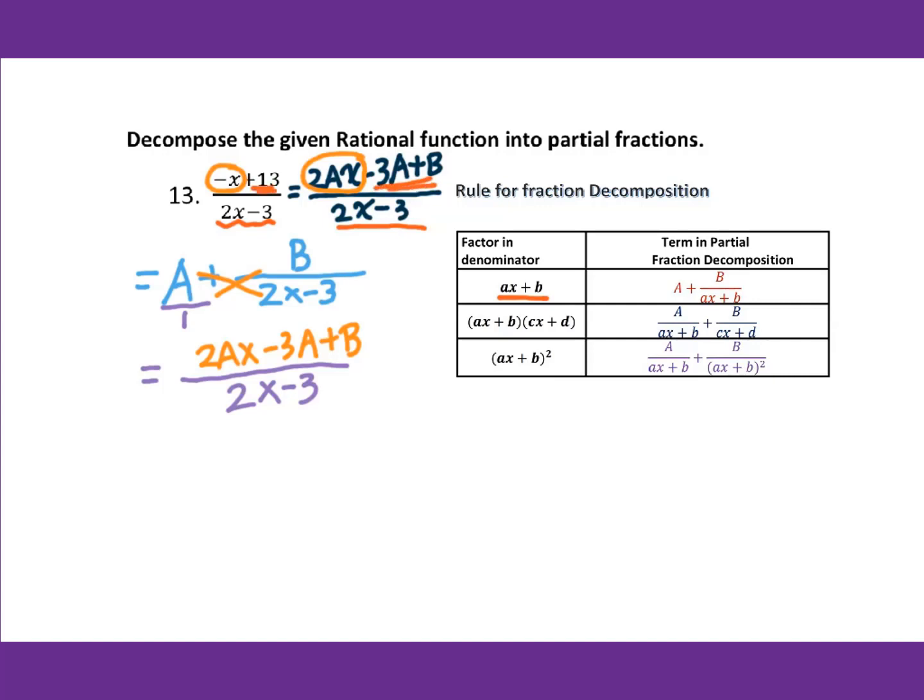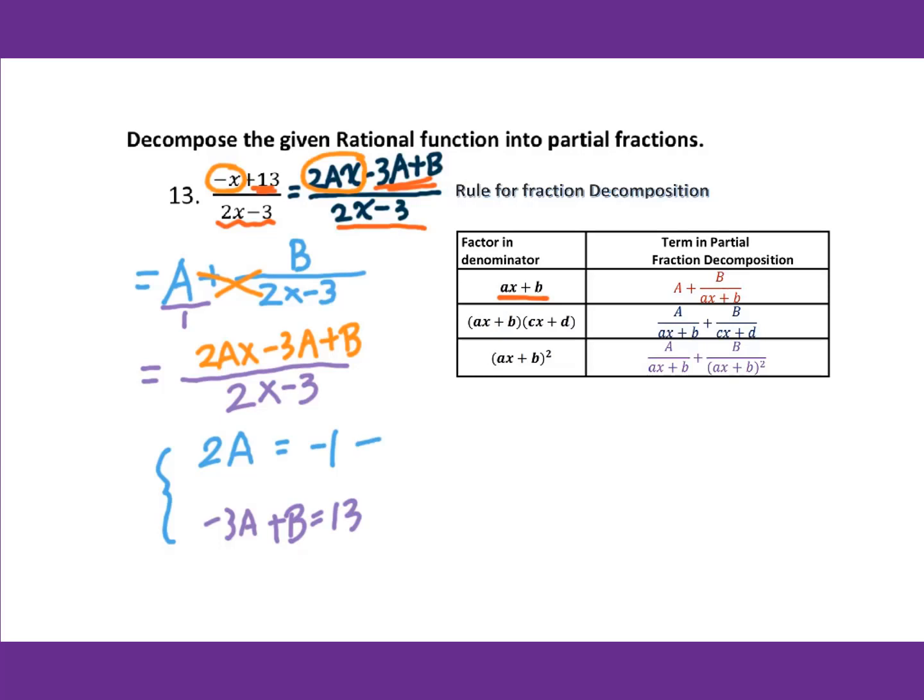So we set up the system of equations: 2a equals -1, the coefficients equal to each other, and -3a plus b equals 13.